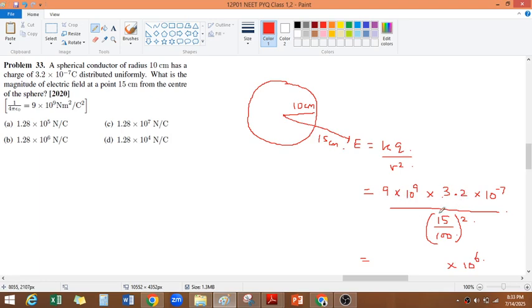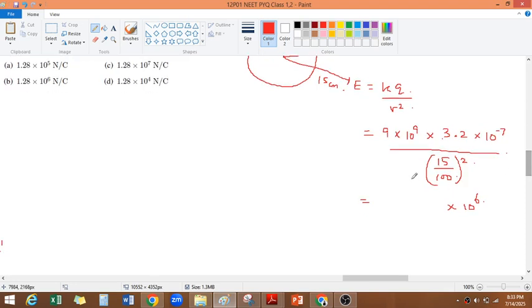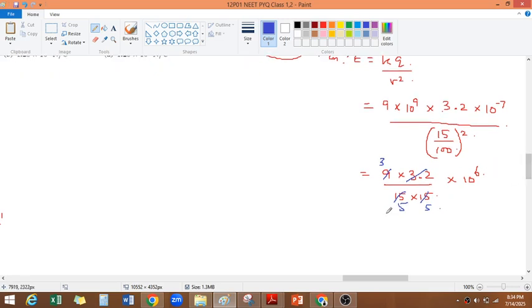And simplify this, 9 into 3.2 divided by 15 into 15. Any quick answers? This will be approximately 5 times. I cancel this and this. I cancel with 3. This will be 3 times. This will be 5 times. So 3 divided by 25.